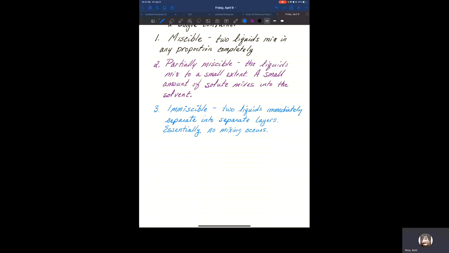For miscible, a great example is ethanol and water. Very, very soluble. For something that is partially soluble, we would get to something like butanol.